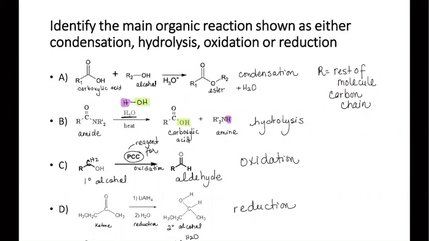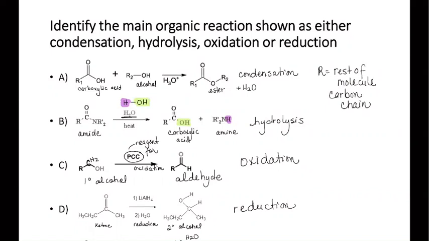So last week, before our review, the last topic that we talked about was how to identify organic reactions as either condensation, hydrolysis, oxidations, or reductions, okay? So understand that whenever we have a condensation reaction, in essence, what we have is two different functional groups forming one functional group.